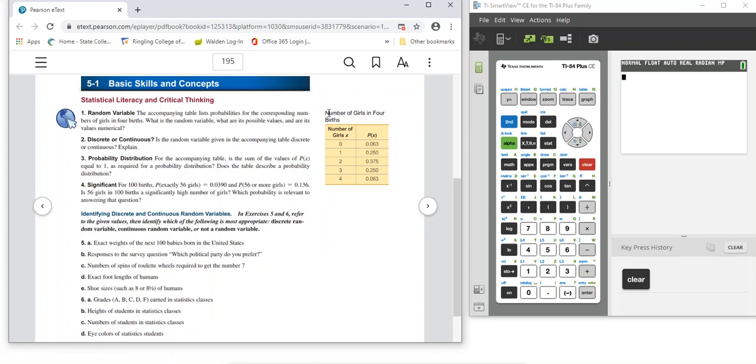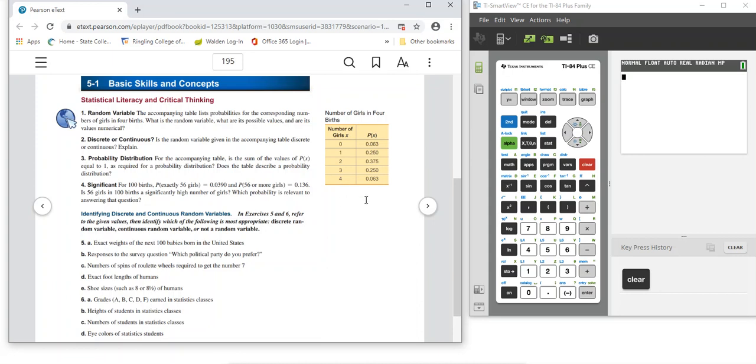Our example is, in 4 births, how many girls are we going to end up with. The chance of not getting any girls is 0.063. The chance of getting 1 girl out of those 4 births is 0.25, and 2 girls, 0.375, 3, and so on.